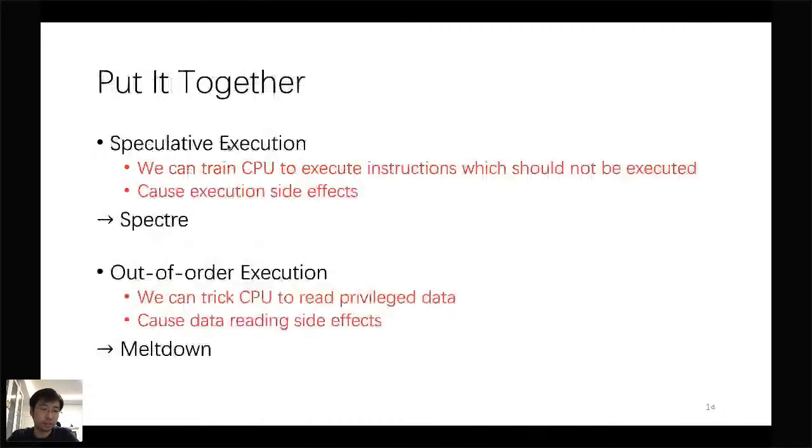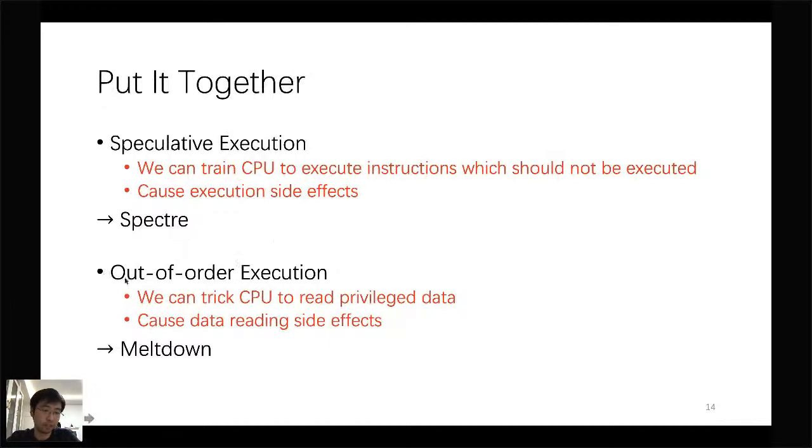To put it together, these two important optimizations in the modern CPU cause the problem. The first is speculative execution, and after we train the BPU in the CPU, we can make the CPU execute some instructions which should not be executed, and this causes the Spectre vulnerabilities.